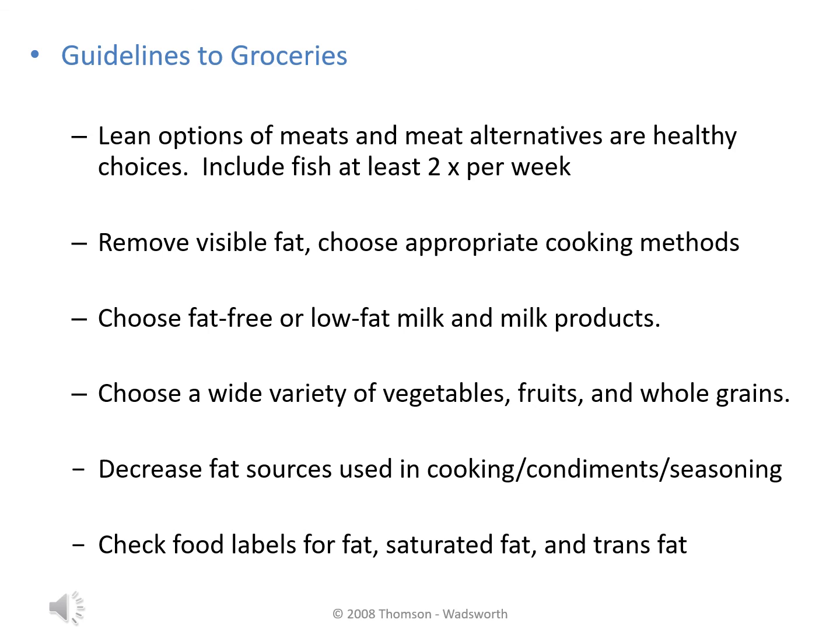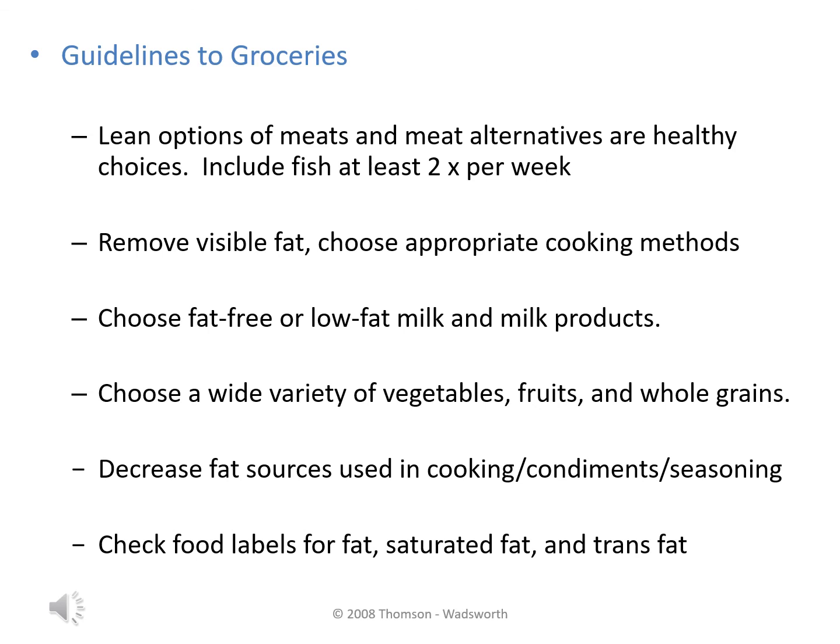Choose cooking methods such as broiling, baking, grilling, while decreasing the amount of frying or fried foods. Choose fat-free or low-fat milk as well as milk products that will substantially decrease overall saturated fat intake, and incorporate more plant-based foods, vegetables, fruits, as well as whole grains.